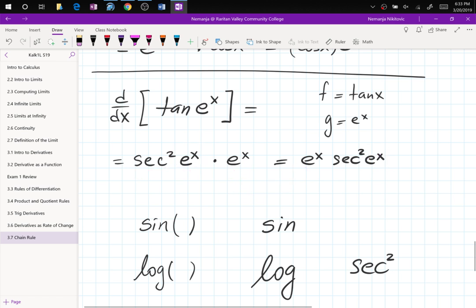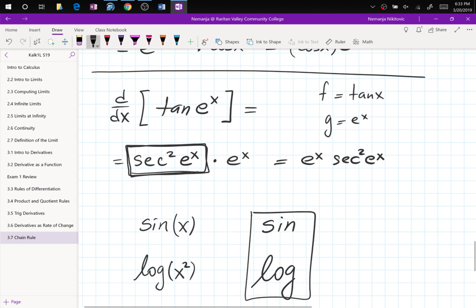So for the full trig function and notation, you must have the argument following. So it's sine of x, it's log of x, or x squared, or something. So something must be there. You don't get to write them without, because they are no longer mathematical terms, right?